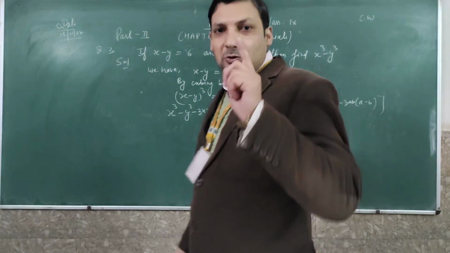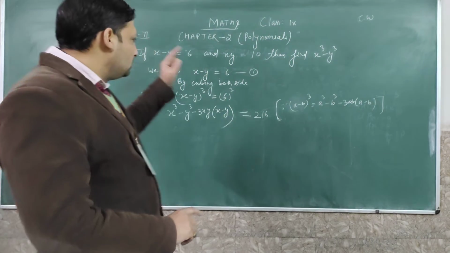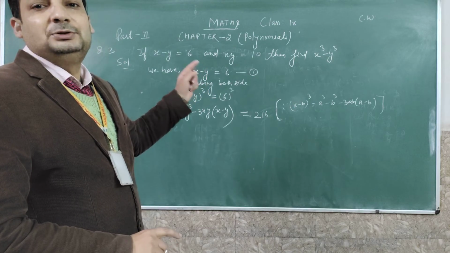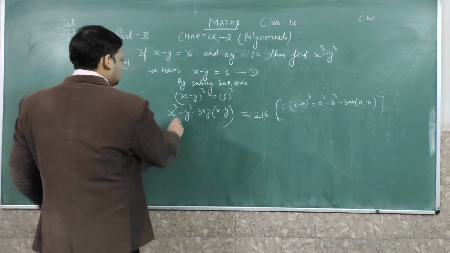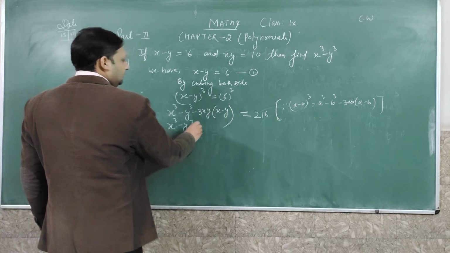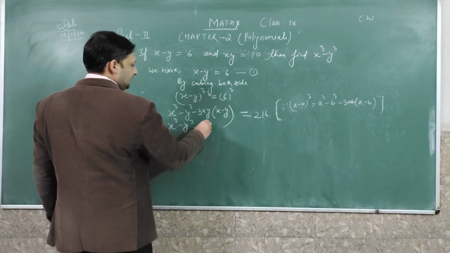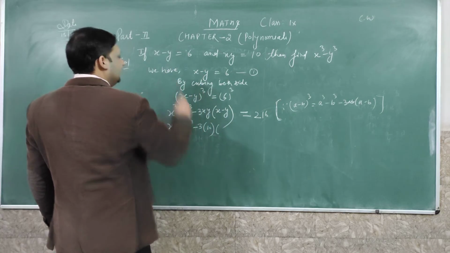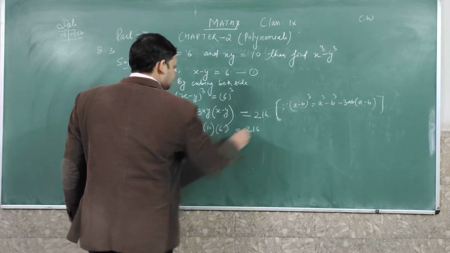So whenever you solve mathematics, first you have to show the formulas. This question is based on which formula? Now see, x cube minus y cube will stay the same, minus 3xy. See the value of xy, that is 10, into x minus y, that is 6, equal to 216.